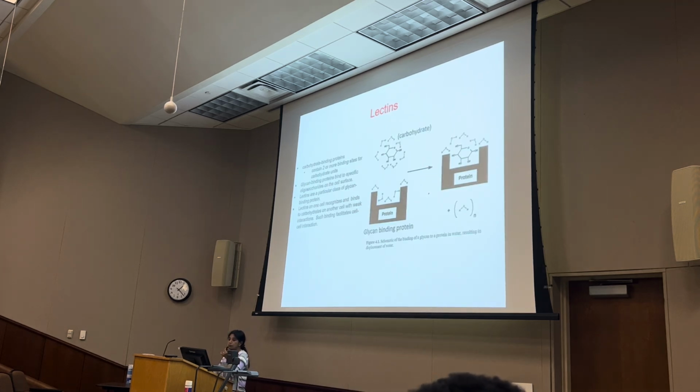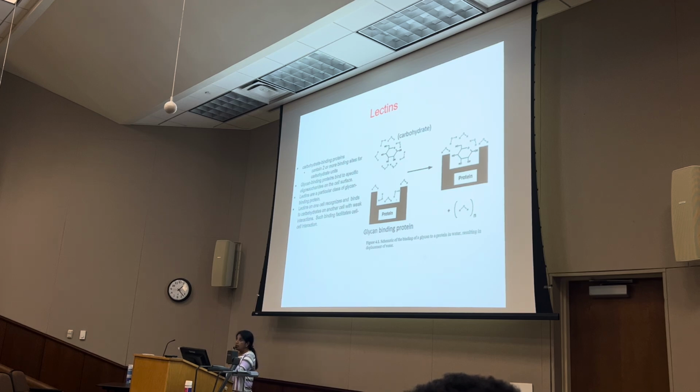Lectins are really nice. I've always wanted to do some research on lectins, but I never got the chance to do it because they have carbohydrate binding proteins. They can bind to them. So they contain 2 or more binding sites. Okay, so these are proteins that have pockets in them that bind to other proteins that have carbohydrates, or carbohydrates alone.